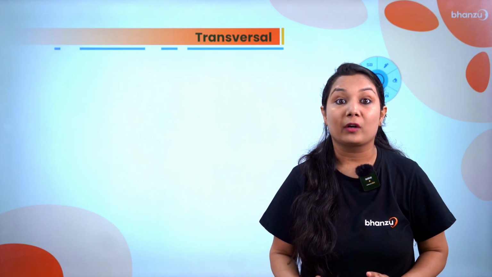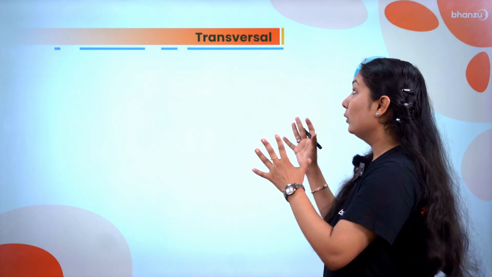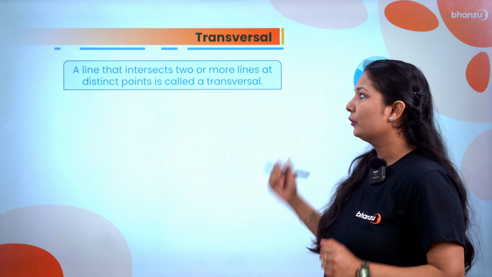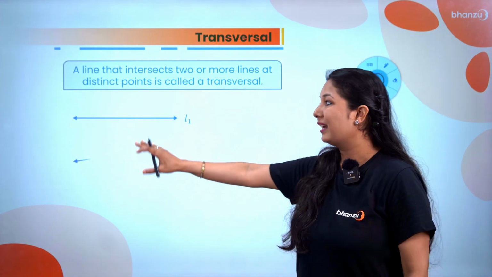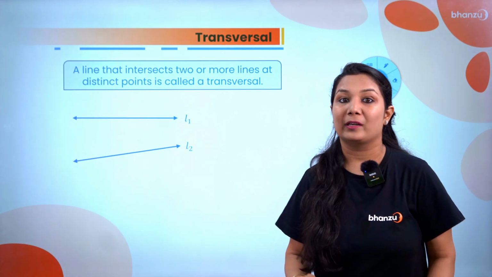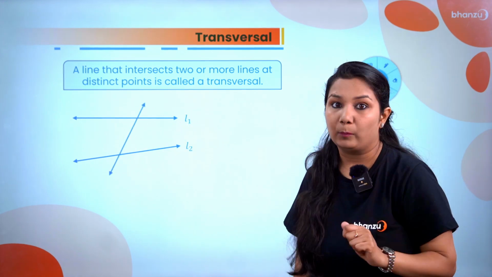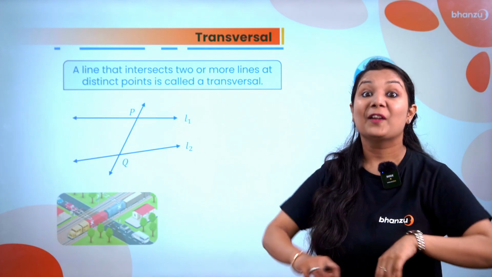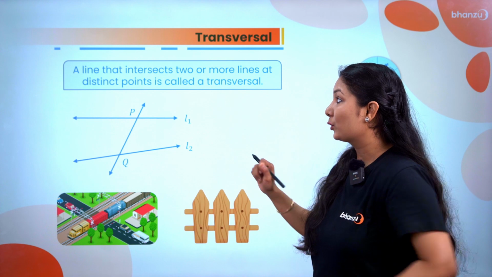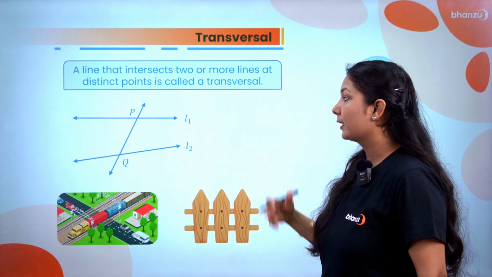Let's move ahead and now see what a transversal is. Till now we have talked about two different pairs of lines, that is intersecting lines and parallel lines. Now let's talk about the transversal. So what's a transversal? It's a line that intersects two or more lines at distinct points. That means at different points. Intersecting lines used to intersect at one point, but in a transversal, they intersect at two distinct points.